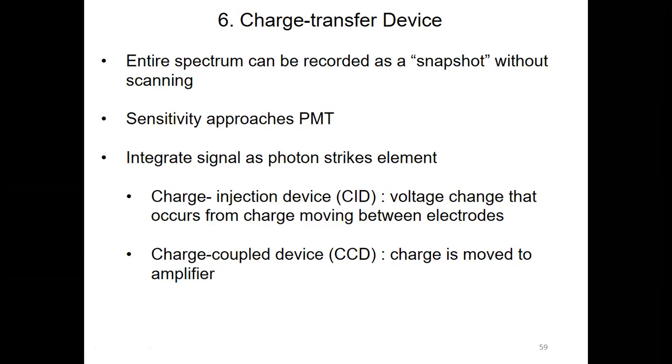For example, these charge transfer devices are found in the diode array. There's an instrument called diode array. It is similar to the UV visible spectrophotometer, but mainly it is used for kinetic measurement. If I tell you how it functions, normally in the UV-Vis, we just put the sample and we scan, in most cases from the highest wavelength to the lowest wavelength.